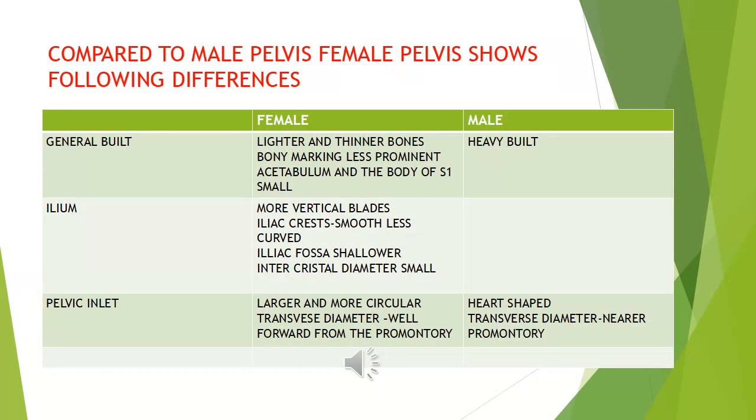When you come to the pelvic inlet, in female the inlet is larger and more circular. The transverse diameter is placed well forward from the promontory. In the male, the maximum diameter is placed near the promontory.